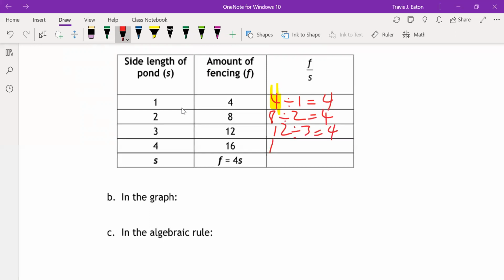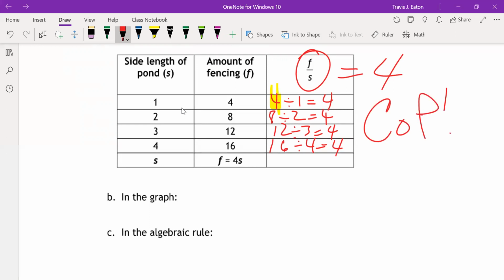It's amazing. 16 divided by 4 is 4. So here, we know what the constant of proportionality is, because F divided by S is 4 every time. The constant of proportionality. It's there.